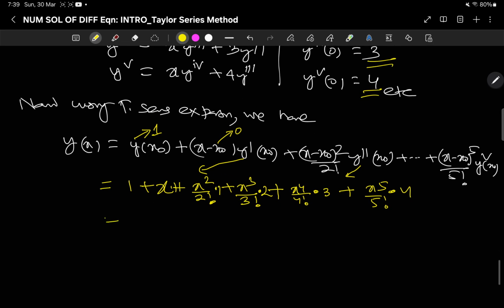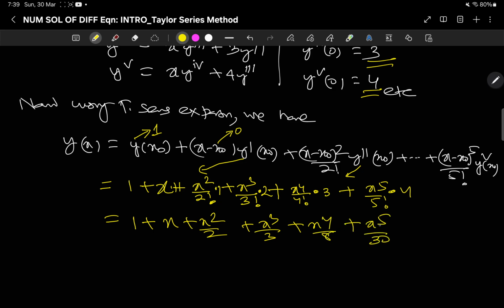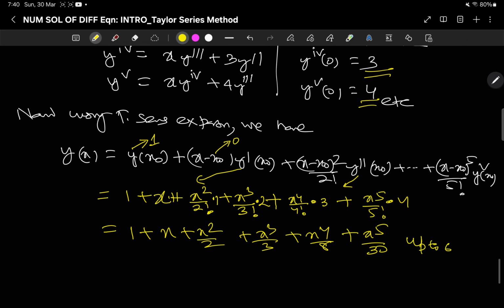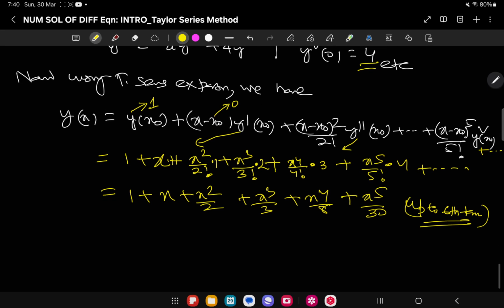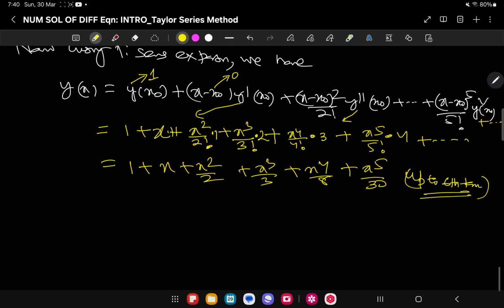So simplifying, it is 1 plus x square by 2 plus x cube by 3 plus x4 by 8 plus x5 by 30 up to the sixth term, okay, and it may be continued here, but we are writing up to the sixth term, right, up to the sixth term.